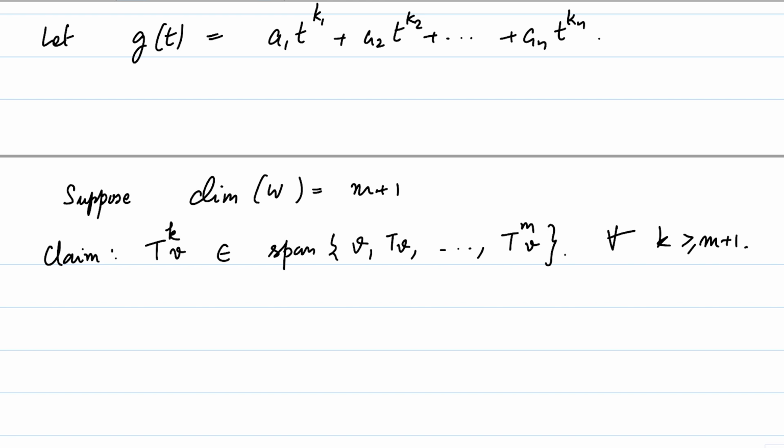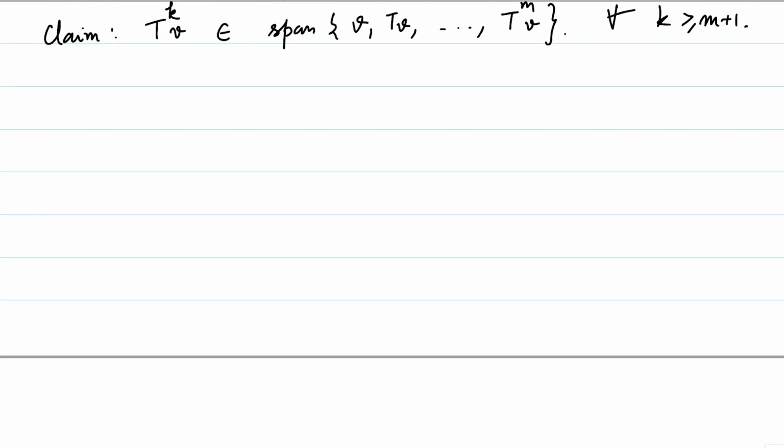So this is my first claim. The proof, we have already seen in one of the lectures, so I will not go into it. It is a proof by induction. You check that for k equal to m plus 1 this is satisfied, and then by the strong induction hypothesis, you can write that any T to the power k v is in the span of this.